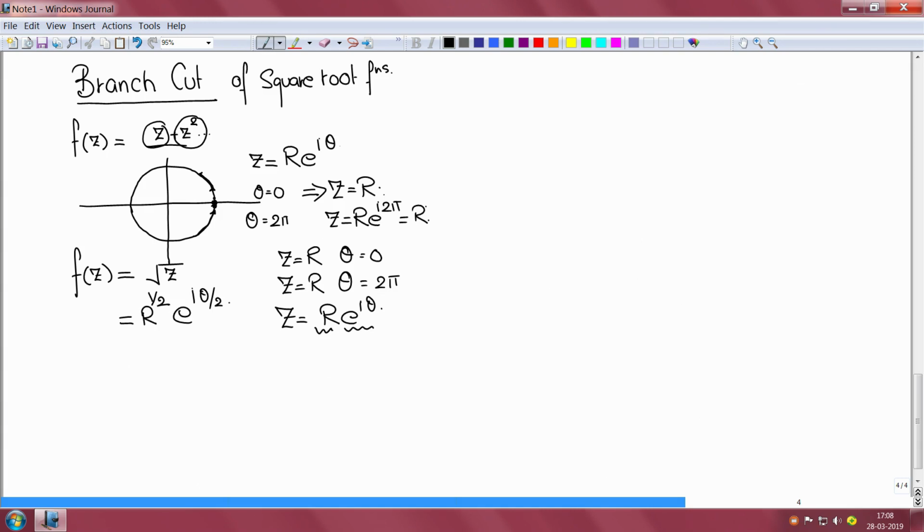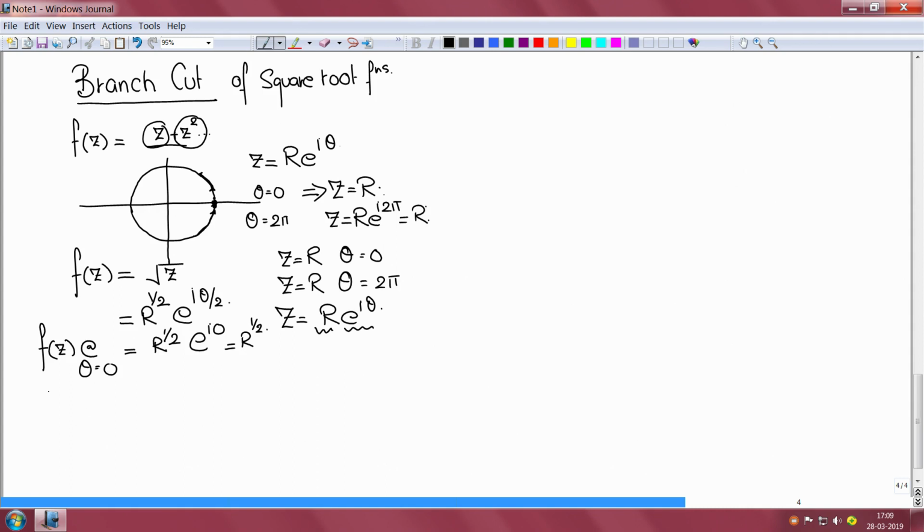So what is the function now? This function f of z at theta equal to 0 is equal to r to the power of half e to the power of i0, which is r to the power of half, a positive number.